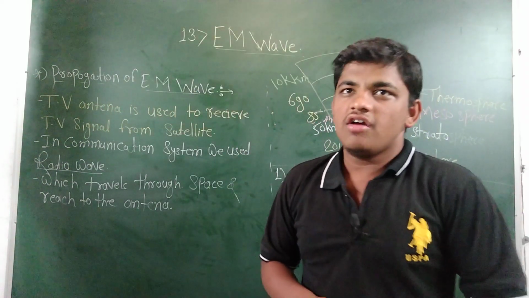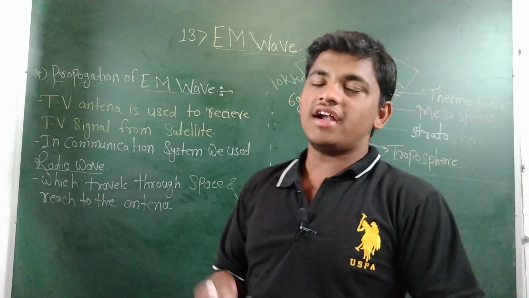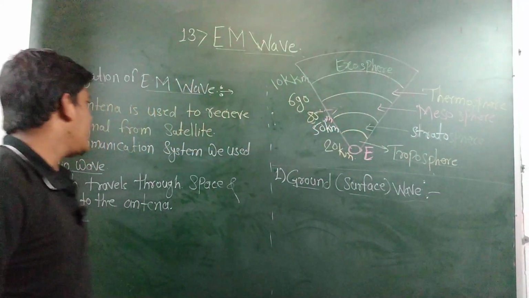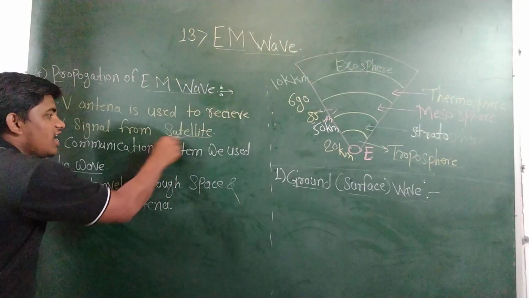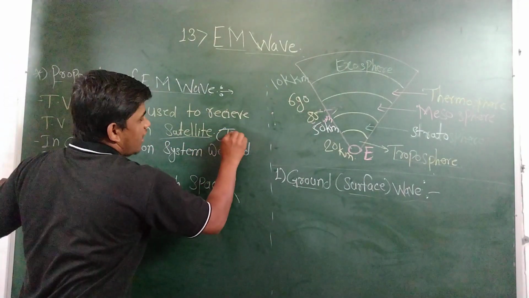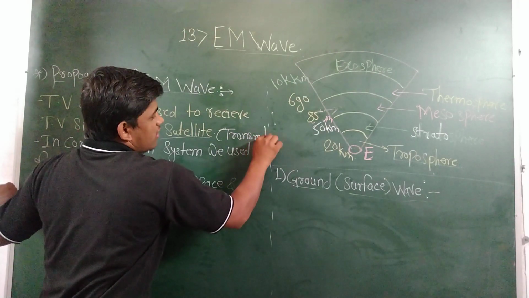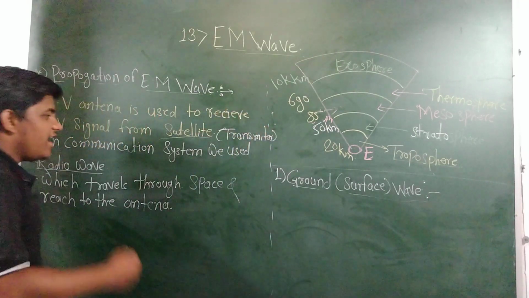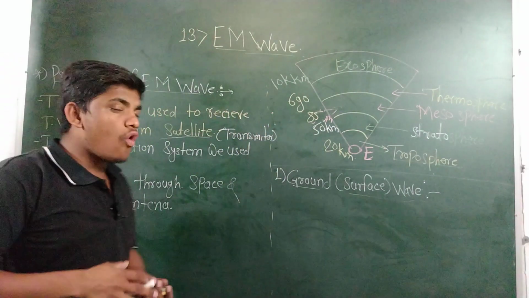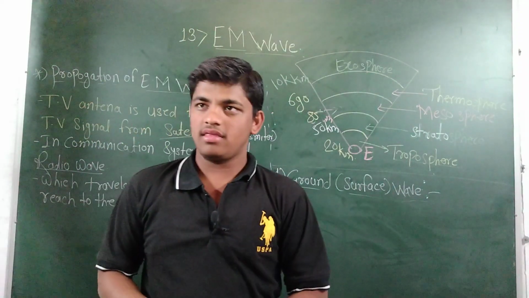In this part, we discuss when the radio waves travel from the transmitter to the antenna. They come from the satellite, or this is also a transmitter, to the antenna. They travel closer to the earth's surface.